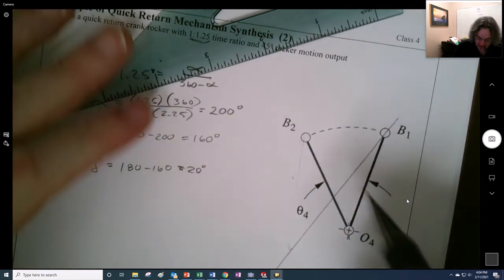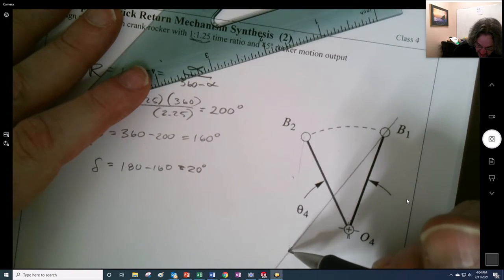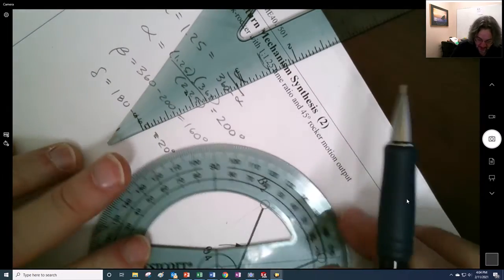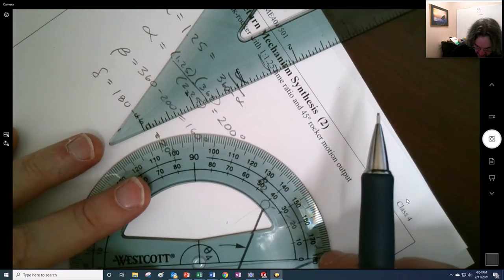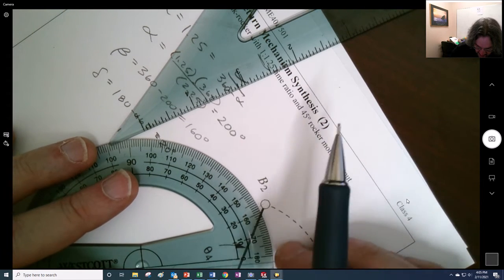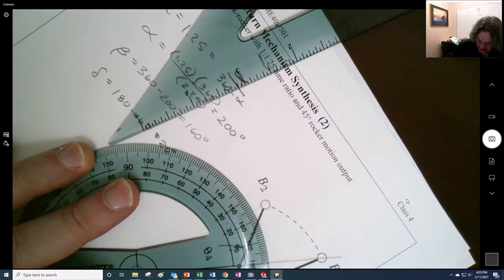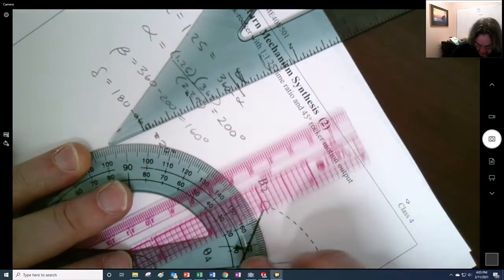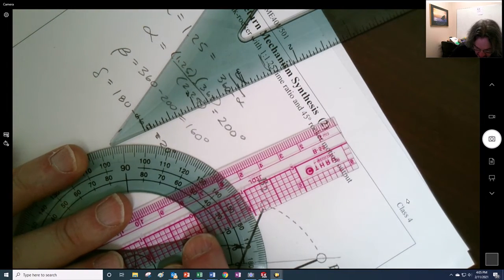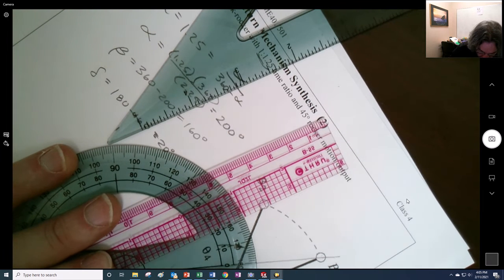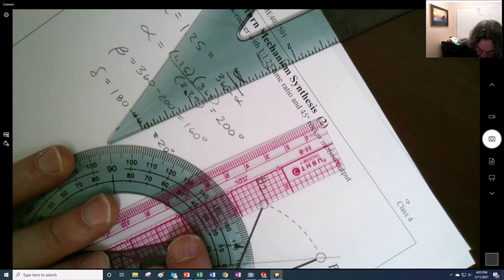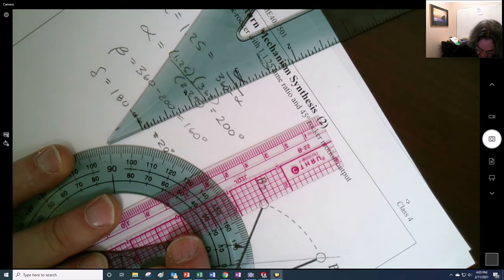But instead, we're going to use a protractor and try to find the spot on here where we would get 20 degrees. I am looking and looking here, and I'm going to mark, using these in conjunction together, and I believe right there is going to get me 20 degrees.